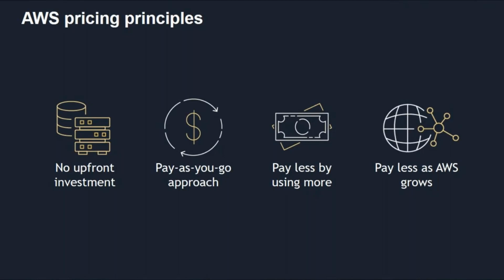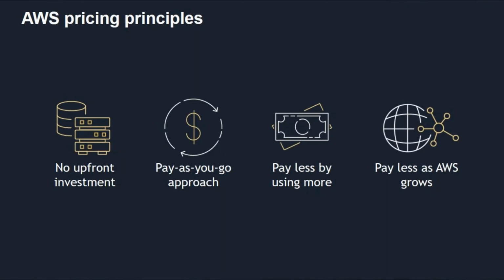And then, of course, the ability to scale. Scaling the environment changes how you pay because price breaks as you pay less by using more become available in storage as well as in other services. And lastly, one of the fundamental principles is that as AWS grows, you pay less.